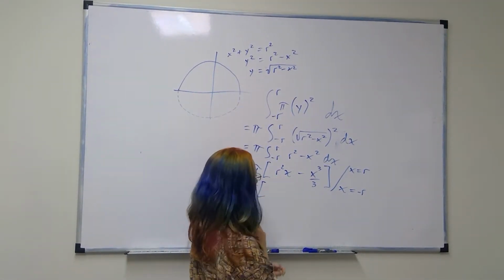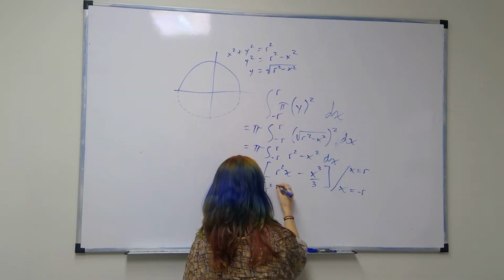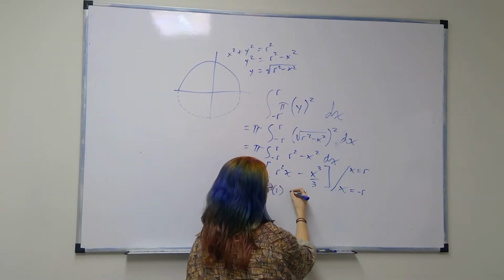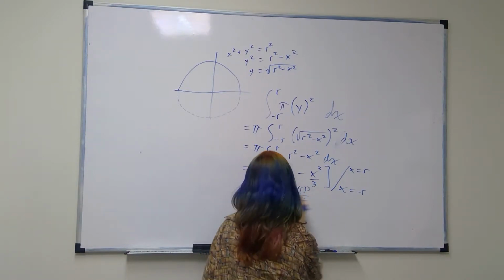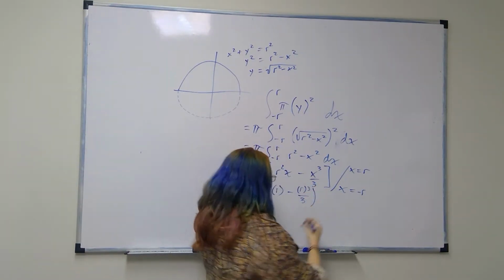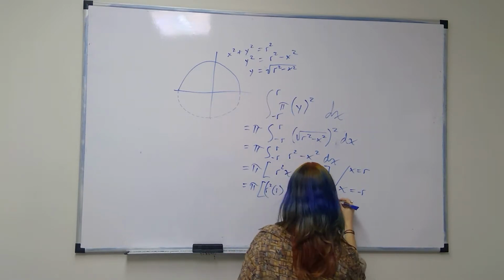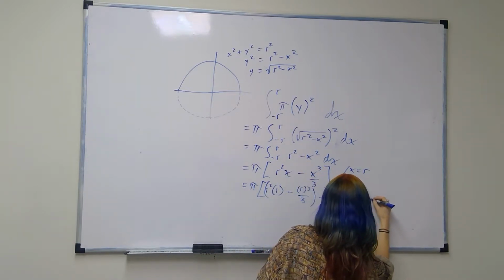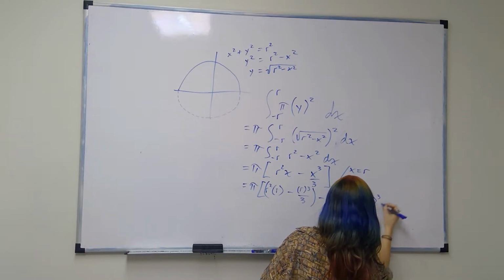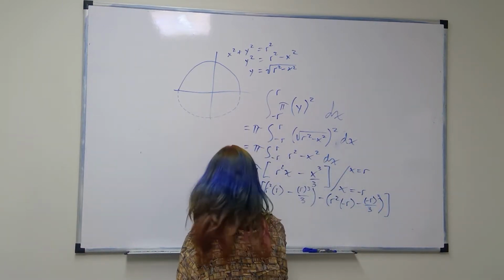All right, evaluate at upper bound. And I'm using parentheses when I do substitution. It's just a good habit, y'all. So there's upper bound. Subtract it, evaluate it at the lower bound. Cool.